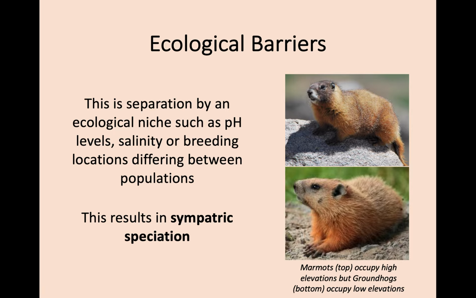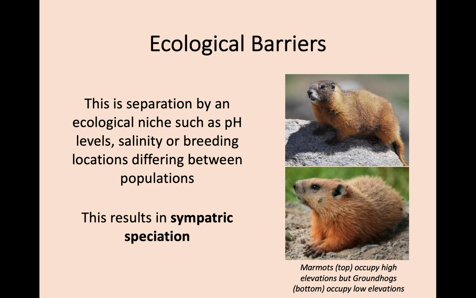The final type of barrier is an ecological barrier, and this can be a bit more confusing. This is a separation by an ecological niche. It could be things like pH levels in plants, it could be salt levels in water, it could be breeding locations being slightly different between populations. And again, this results in sympatric speciation.